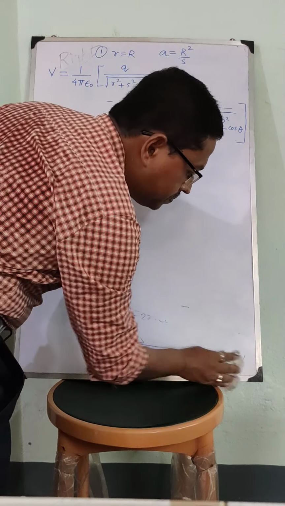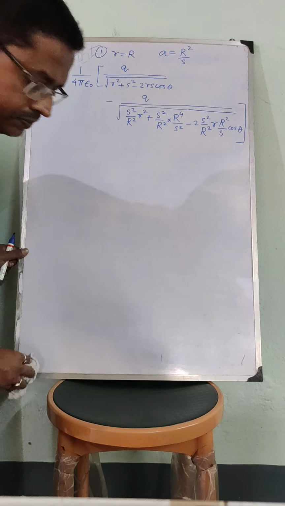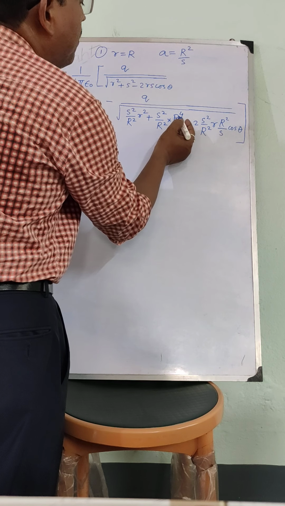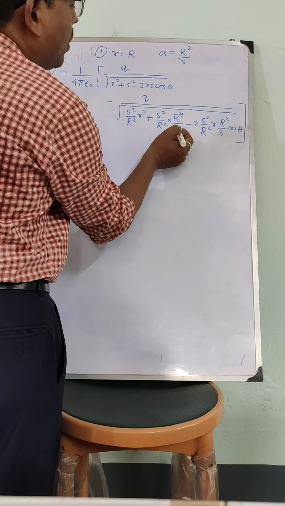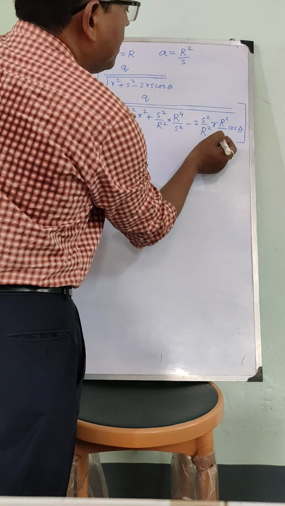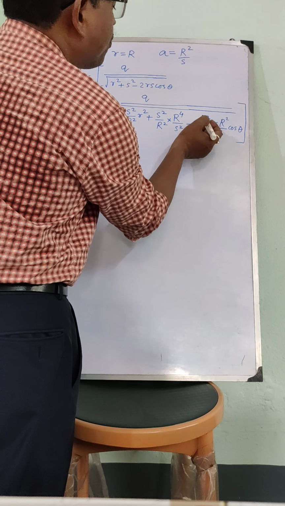Okay. Now we see that we can cancel some terms here. Here we have r to the power 4, here we have r square. Now a square will cancel. Here also r square will cancel. This s will cancel one s from here.